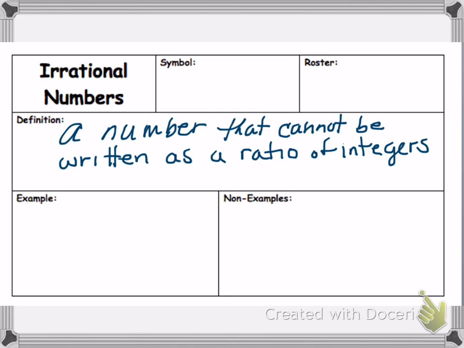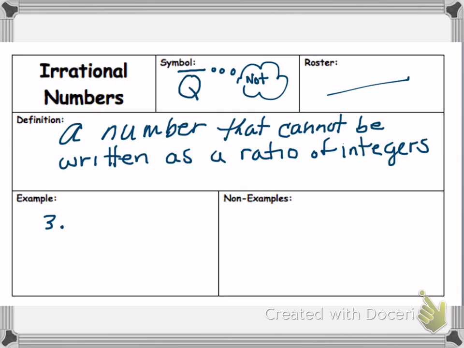And irrational numbers have a symbol very similar to the rational number symbol, so you really have to watch that. It is the Q for quotient, and then there's a bar on top of it, and that is the complement of in math, or not. What is not? So that's the symbol that's coming for that. There's no roster for irrational numbers. But irrational numbers would be values that go on forever without repeating.